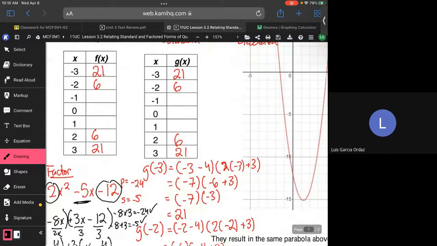So now I want you guys to find my y value when you sub in x for negative 1. So sub in x for negative 1 in standard form and tell me what my y value is. Negative 5? And then negative 12.